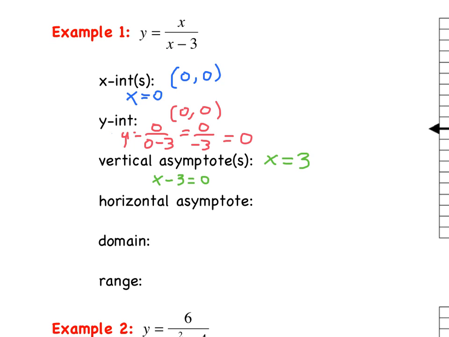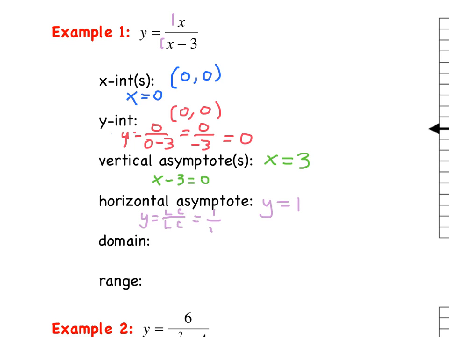When the degrees are the same, we have to look for the leading coefficient over the leading coefficient. All right, so I'm going to put LC for leading coefficient over leading coefficient. Well, the leading coefficient of this x is a 1 in our numerator, and in our denominator, we have a 1 as well. So 1 over 1, we simply get y equals 1.